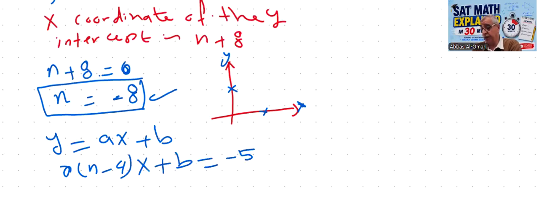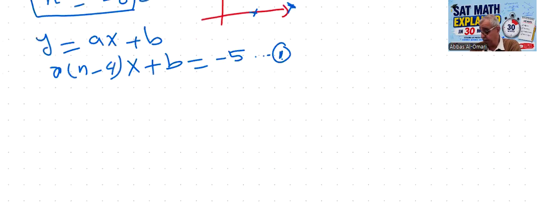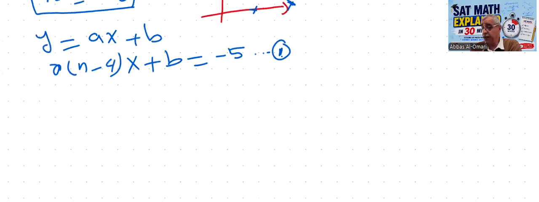This is equation 1. And from the second point, x is n, so a times n plus b equals 19. This is equation 2.